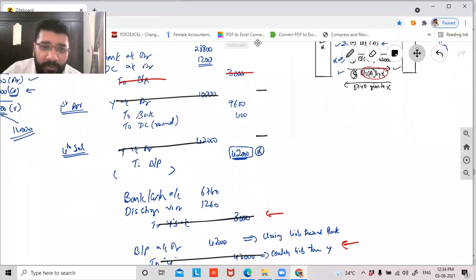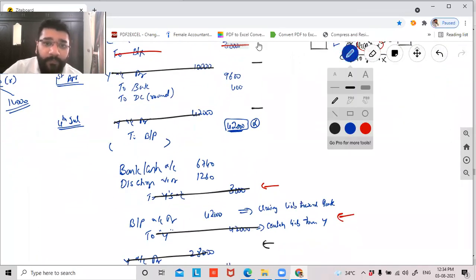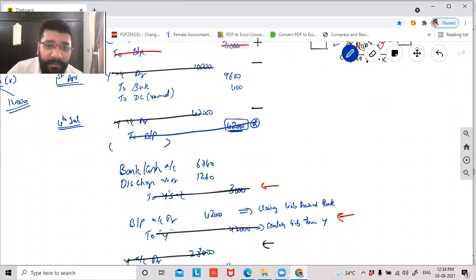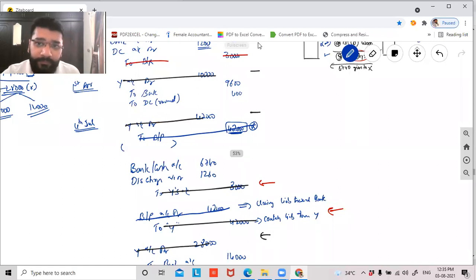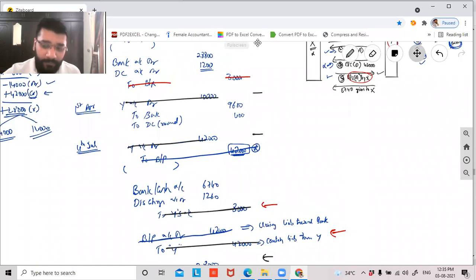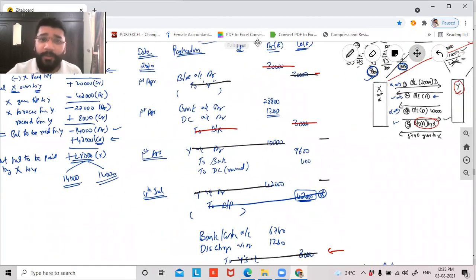So let's check if we close that or not. Yes, bills payable 42,000 credit and bills payable 42,000 debit. So bills payable is also closed. At the end of the transaction, please check that you close both the parties' accounts and bills receivable and bills payable. Everything is closed, guys. Please confirm yes or no. Yes, sir. Are you able to follow or not?